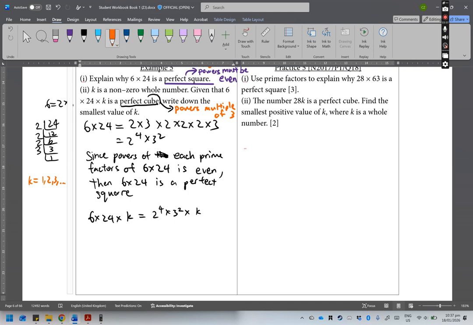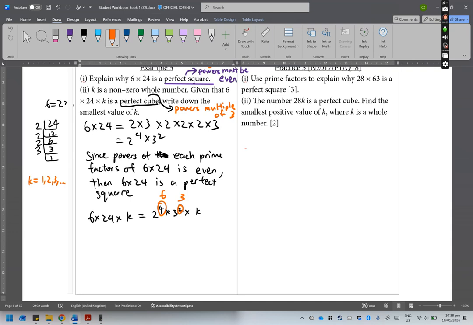For k to be a whole number, and whole numbers are positive, I must find the powers right above 4 and 2 that are multiples of 3. The next multiple of 3 larger than 4 will be 6. The next power that is a multiple of 3 larger than 2 will be 3.